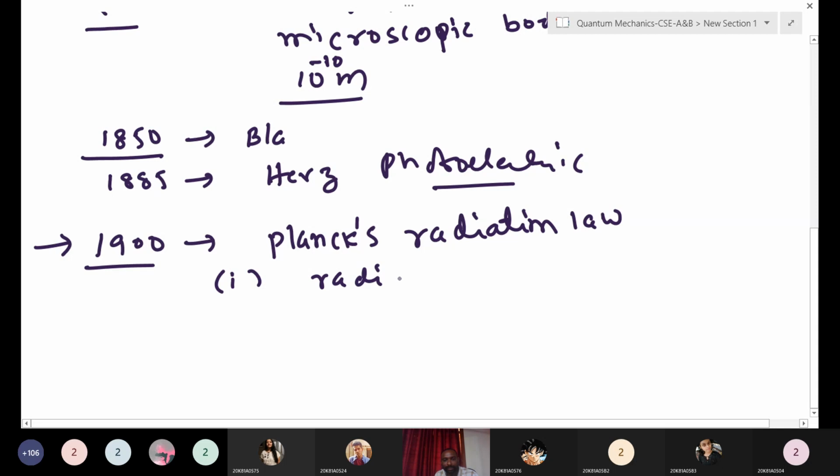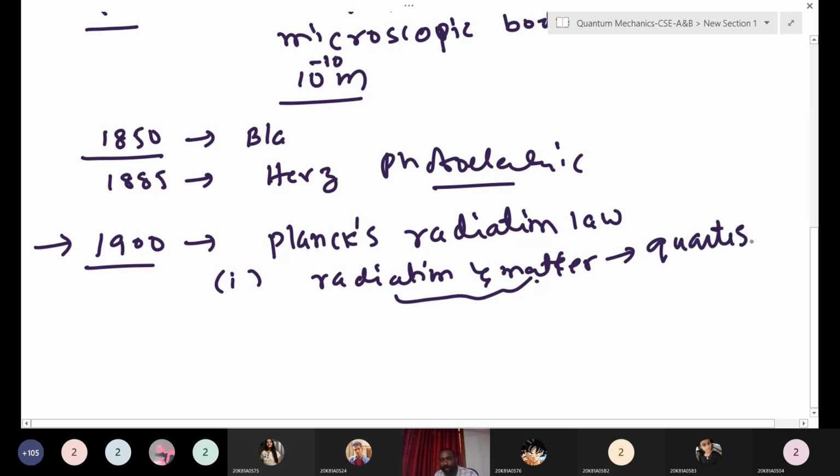Once radiation interacts with matter, some energy is released. What did he propose? That energy is quantized: it is released as discrete amounts.